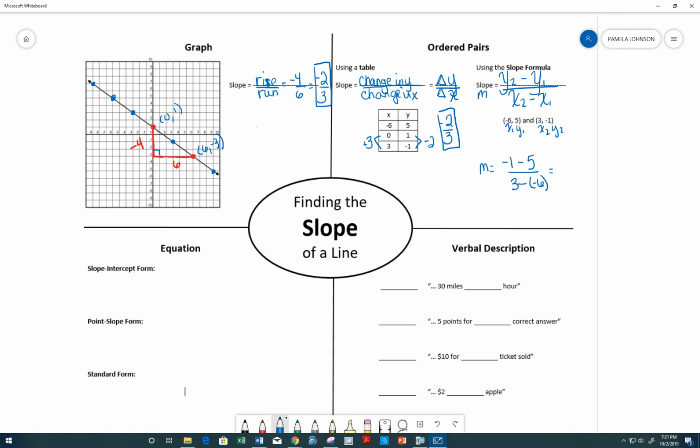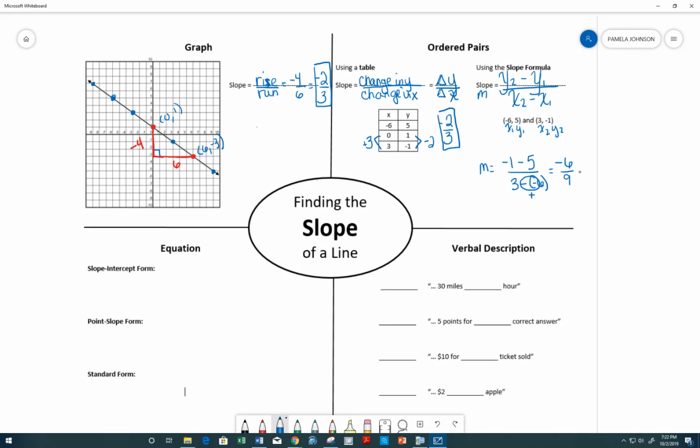Now look down here at the x's. This minus the negative part here, when we have them close together like that, they become a plus. So instead of 3 minus -6, it'll actually be 3 plus 6. Okay? I have -1 minus 5. That's going to give me a -6. 3 plus 6 will give me a 9.